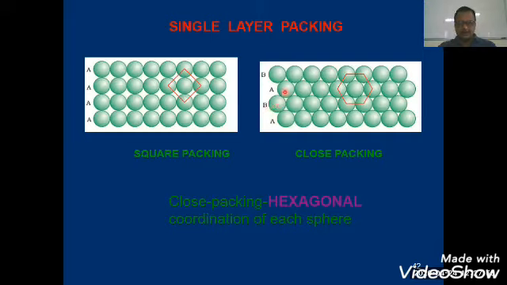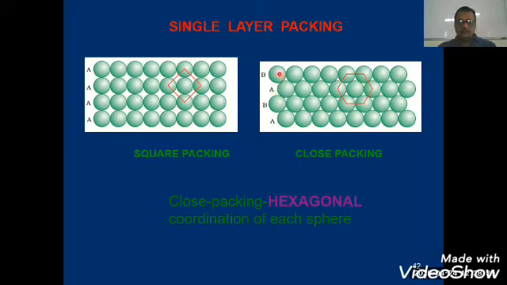Then the third layer, you can see it is exactly at the top of the first layer. So this is an atom in the third layer, and this is an atom in the first layer, and this atom in the third layer is exactly at the top of the atom of the first layer. So the geometrical arrangement of the third layer is A. So A and A are similar.